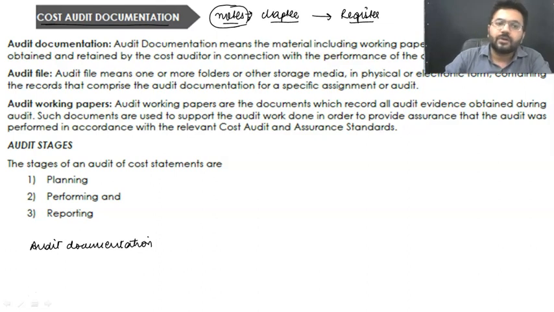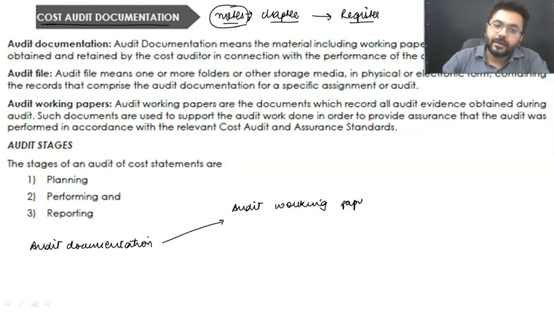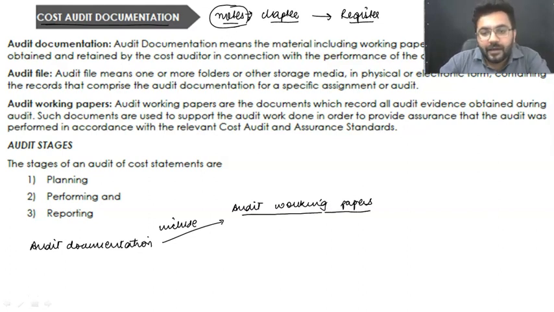Audit documentation also includes, do you remember, audit working papers. Now, sir, what is the difference? What particularly is the audit working paper? They are all the time related only with the audit evidences.